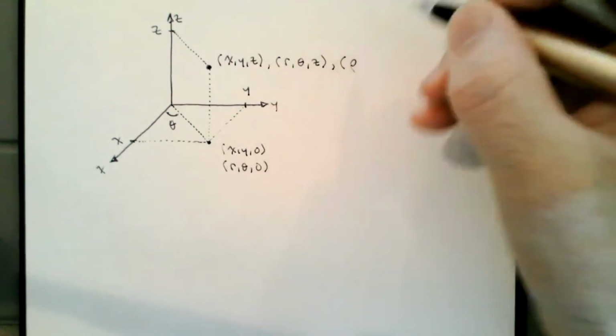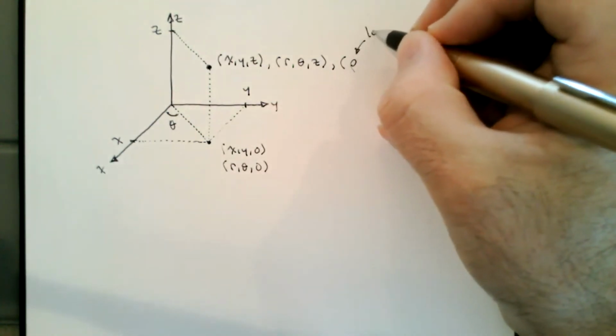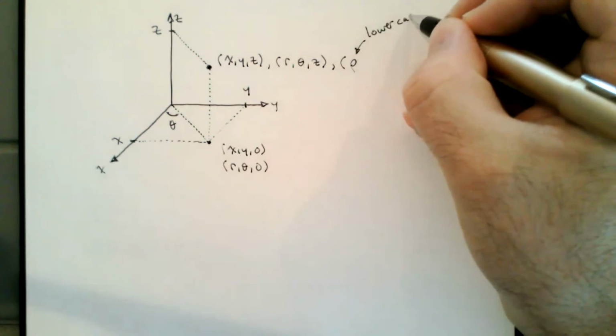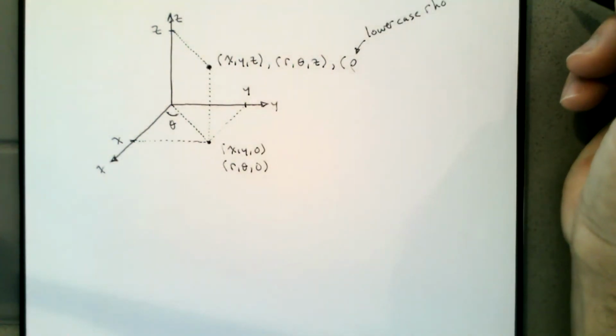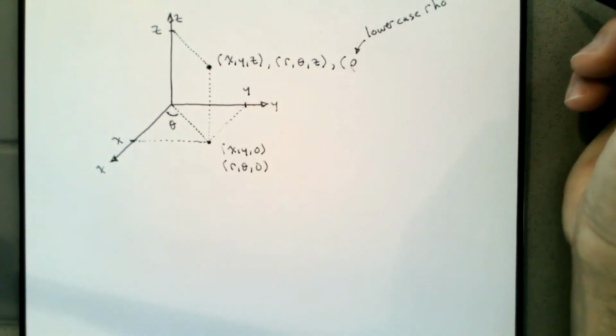So we're going to use a lowercase rho. That's going to be our length. That's the distance from this point in 3 dimensions to the origin.